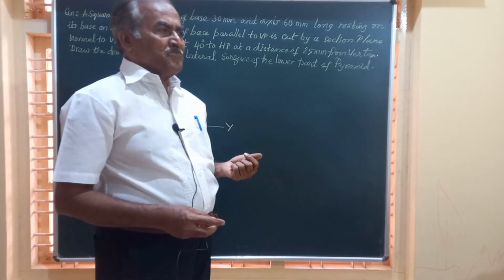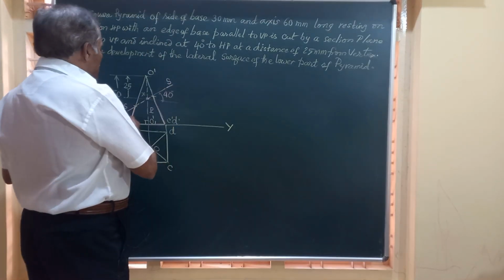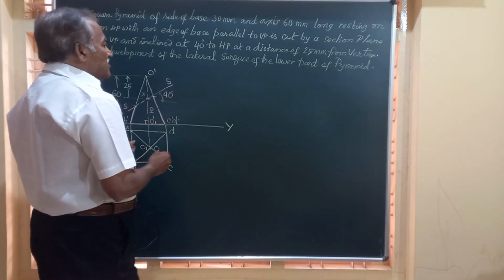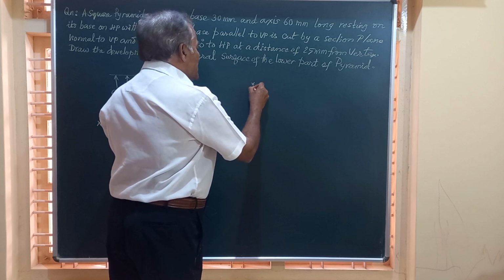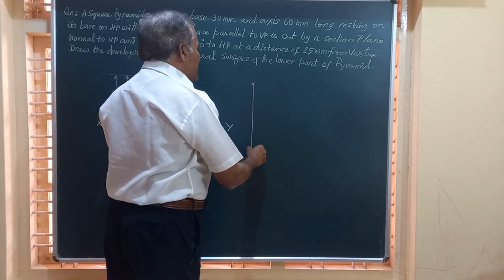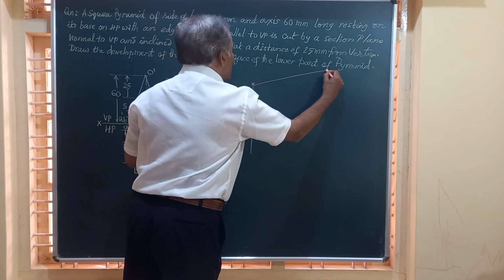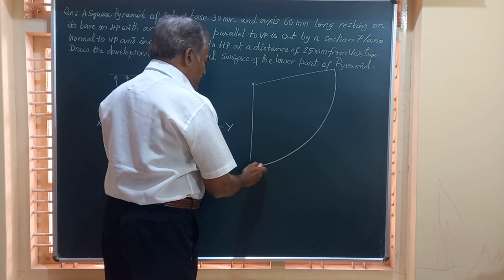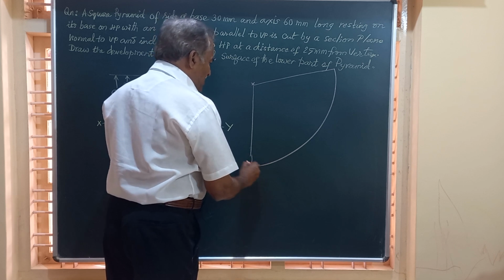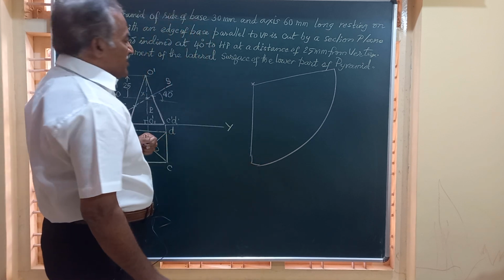Now friends, we know the section plane is cutting at an angle of 40 degree, and let us draw the development of the lateral surface, assuming it is not cut by any section plane.